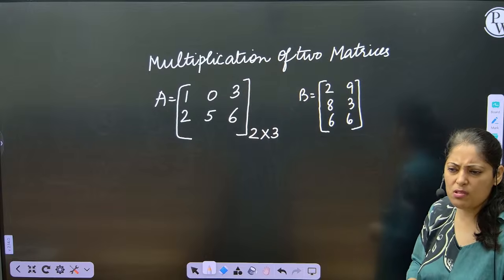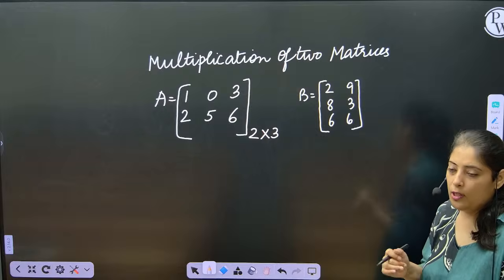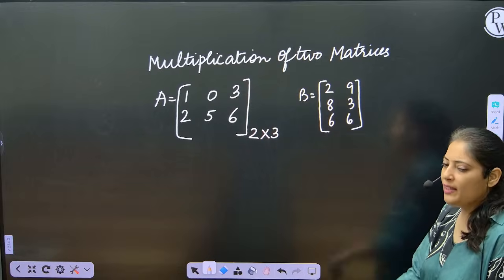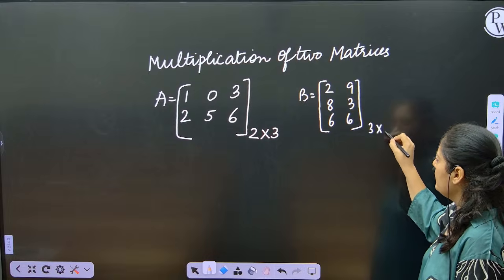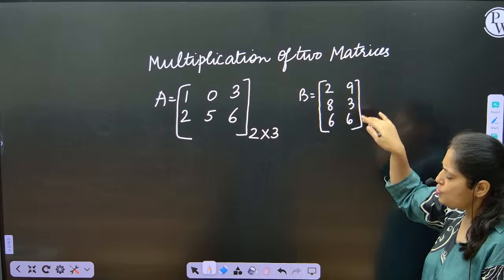Elements can be the same also. It is not necessary. Nothing is compulsory. That only this has to be the matrix, then only it is possible. No. But one condition is there for this. Now see that condition. This is what? 3 rows, 2 columns.